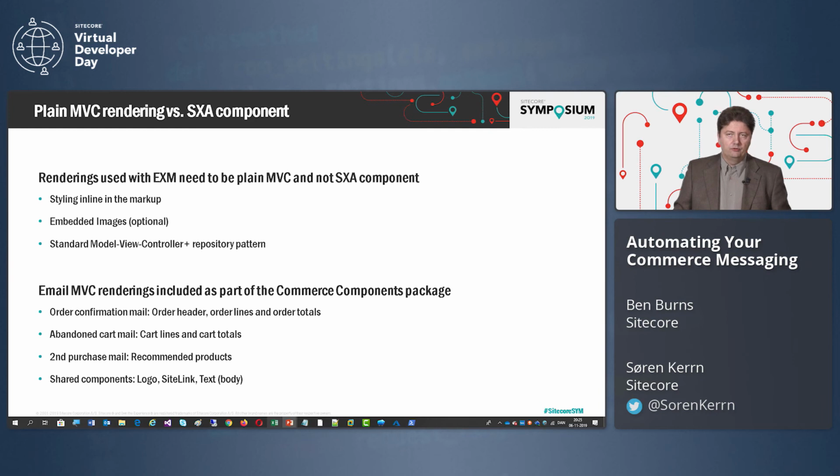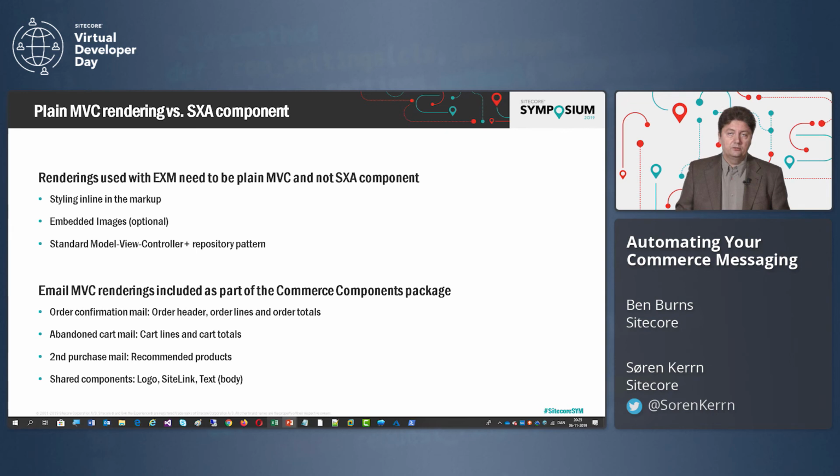In terms of renderings, when you do a rendering for SXA, you get some things for free in the framework, but for EXM, you need to do it from scratch. There's no assistance. You need to include styling inline in the markup, and it's standard model view controllers with a repository pattern that you are following.